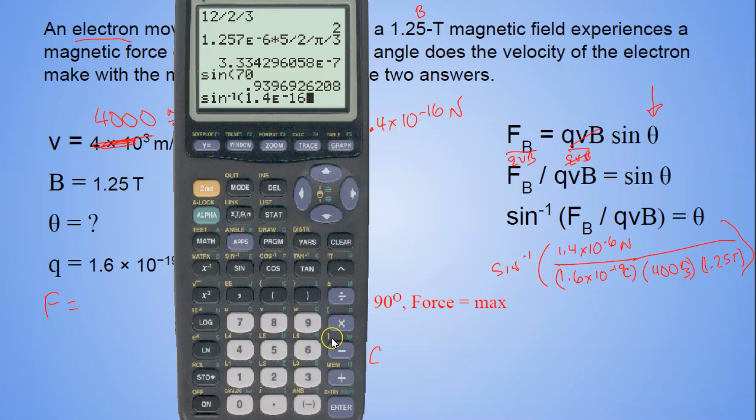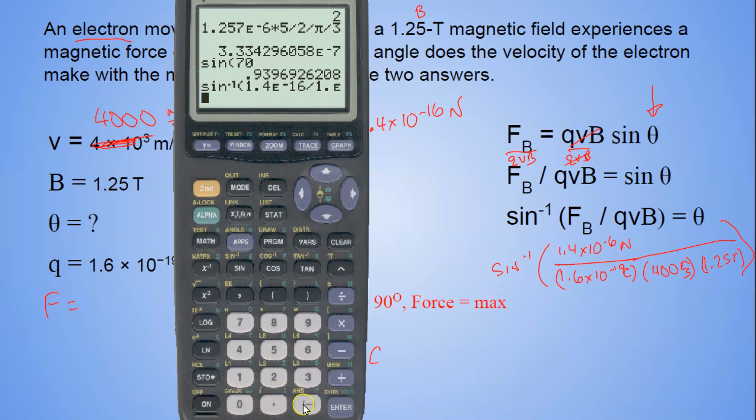Divided by 1.6 E negative 19. Also divided by 4,000 instead of 400. And also divided by 1.25 Tesla. All right, so that says 16 degrees right there.